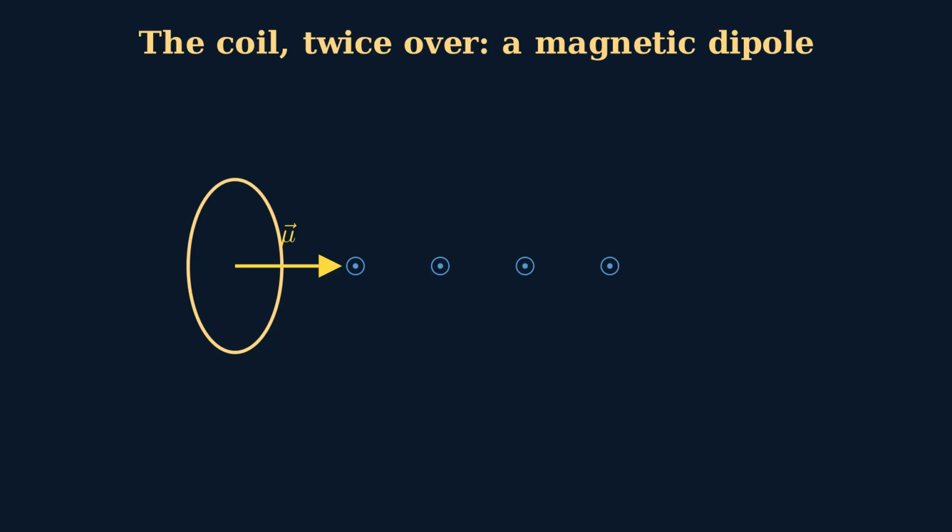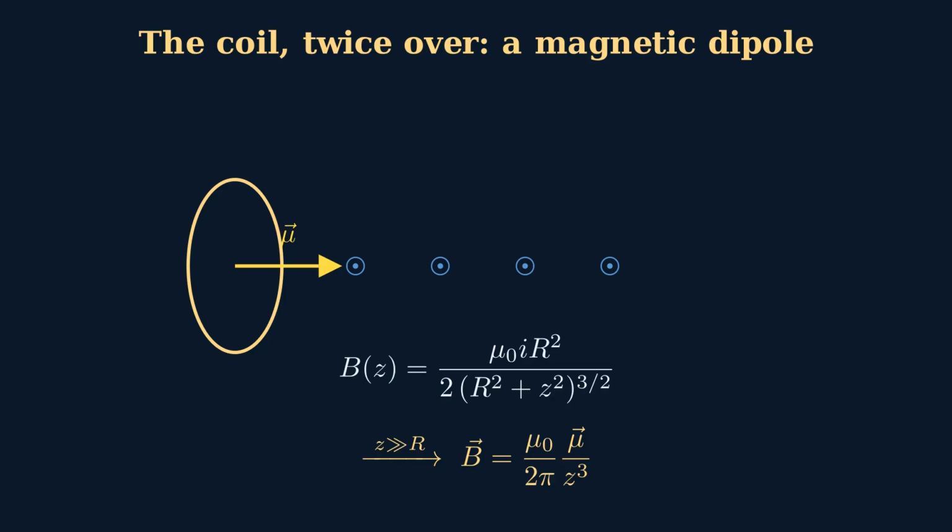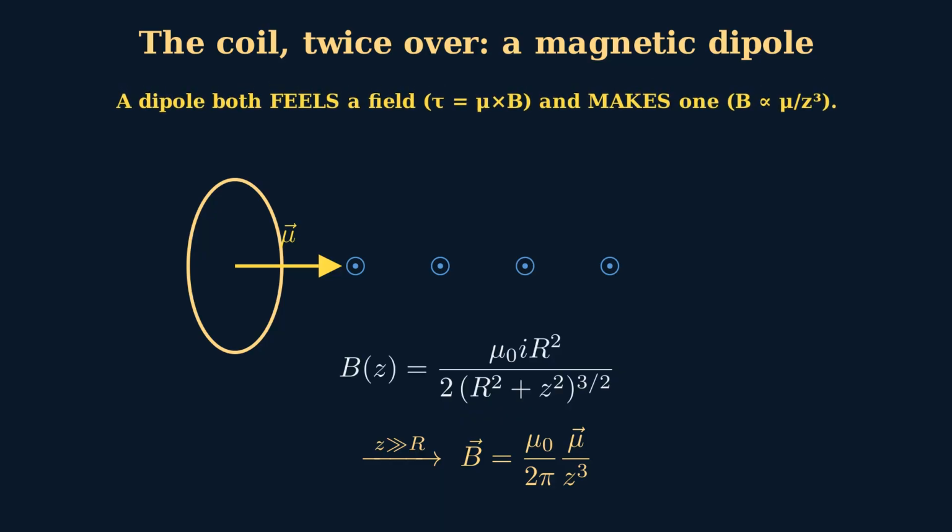On the axis the field is this, and far away it simplifies to mu naught over 2 pi times mu over z cubed. The same 1 over z cubed signature as the electric dipole. So the loop both feels a field and makes one, two faces of a single object. Loop, coil, bar magnet, spinning electron, planet Earth, every magnetic dipole reads this same physics in two directions.